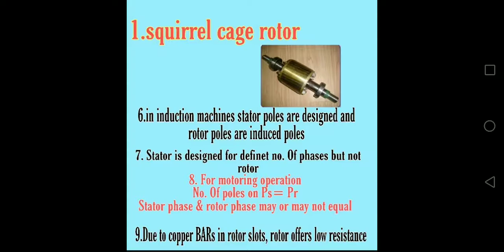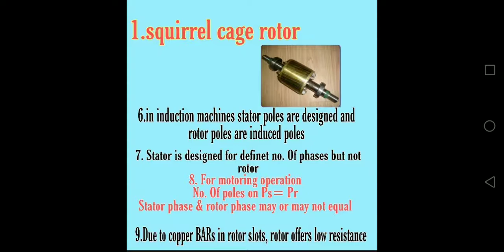So for the eighth point, for motoring operation, the number of poles on stator, PS means stator poles, PR means rotor poles, stator poles and rotor poles must be the same. And stator phases and rotor phases may or may not be equal.